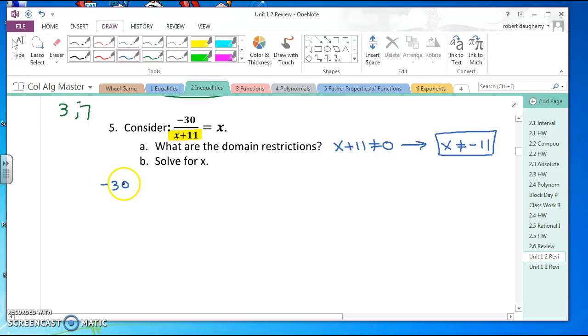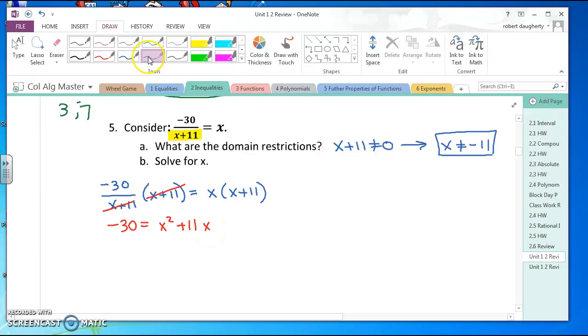So I get negative 30 over x plus 11 times x plus 11 equals x times x plus 11. I multiply both sides of that equation by x plus 11. That allows me to cancel this. So I get negative 30 is equal to x squared plus 11x.